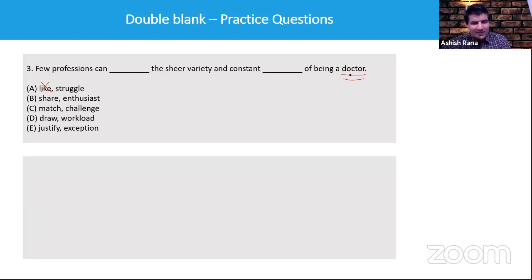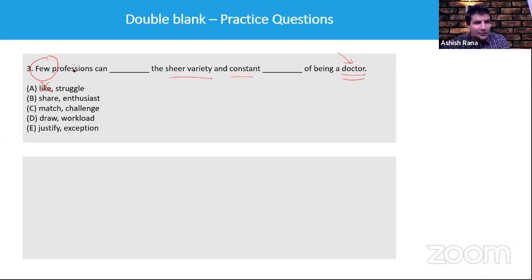Somewhere either very good or very bad, but somehow few shows to me that it's talking about some good thing about being a doctor, meaning other professions. Let's say profession of being an engineer, being a cook, or any other profession does not have the same variety and constant something, rigor or whatever, of being a doctor.